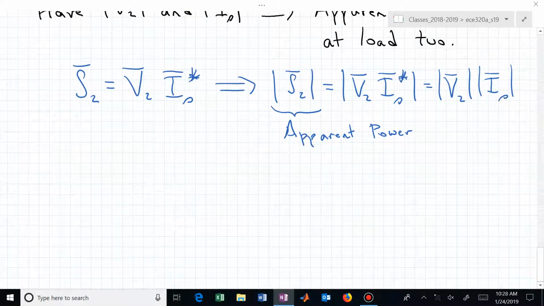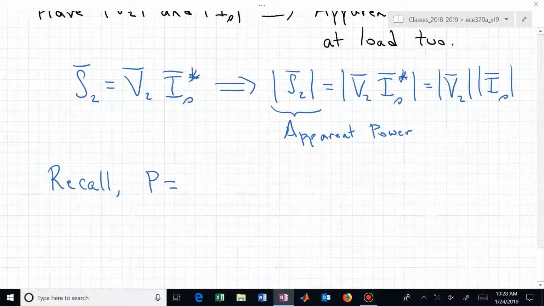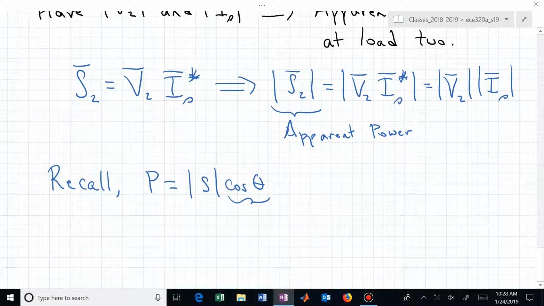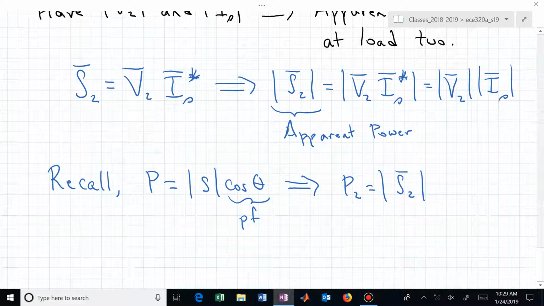But let's start thinking through this. We can recall that the real power, we were given that, weren't we, is the apparent power times the power factor, or the cosine of the angle of that particular load. So in terms of load 2, we know that P sub 2 is equal to the apparent power of load 2 times the power factor of load 2.